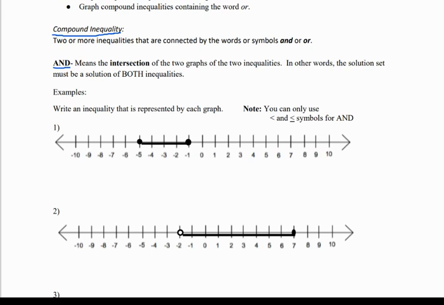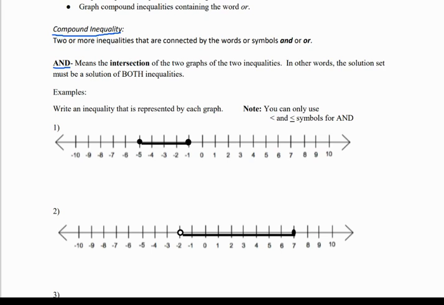So for example, can I have a number that is greater than 2 and less than 7? Are there any numbers greater than 2 and less than 7? Yeah. Someone give me a number that's greater than 2 and less than 7. 5. 5, yeah. Two people just said 5. Exactly. So that is a compound inequality that works.